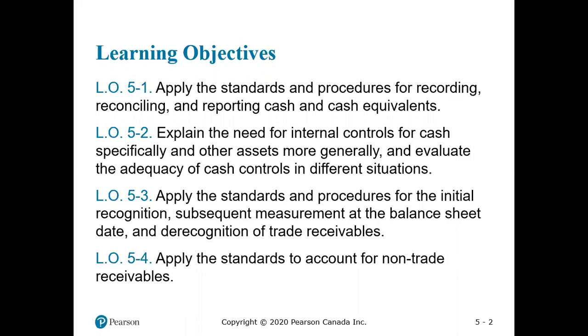Number 3 is to apply the standards and procedures for the initial recognition, subsequent measurement at the balance sheet date, and derecognition of trade receivables. And number 4 is to apply the standards to account for non-trade receivables.